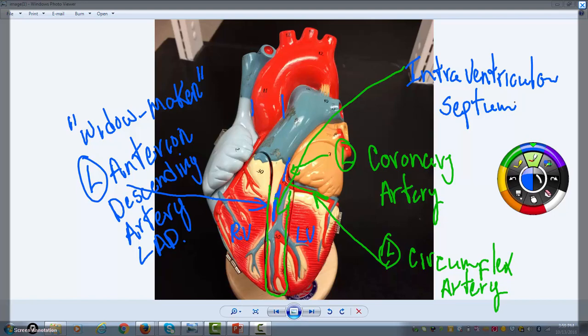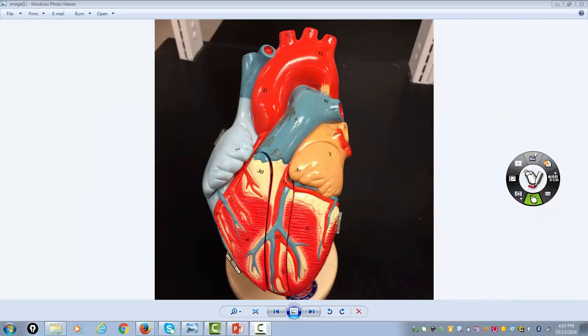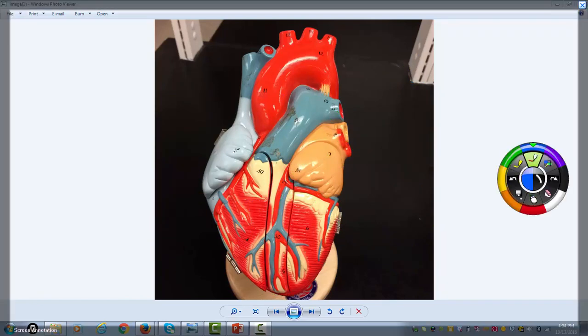Alrighty. Now, let's look at this. You've got these two structures here. This is the right auricle, and within the right auricle is the right atrium. Within that structure, and I'll show you that momentarily, there's a chamber, the right atrium. And the right atrium then sends blood into the right ventricle.